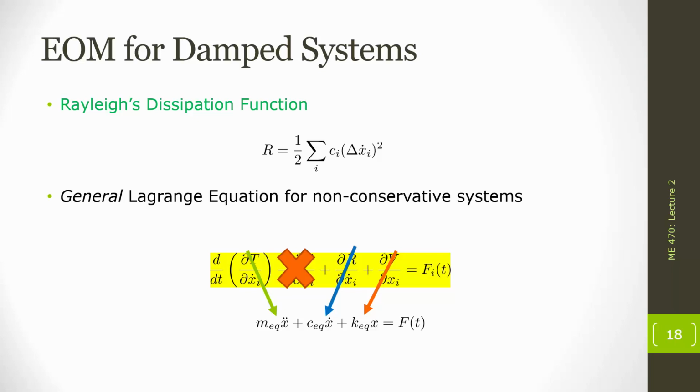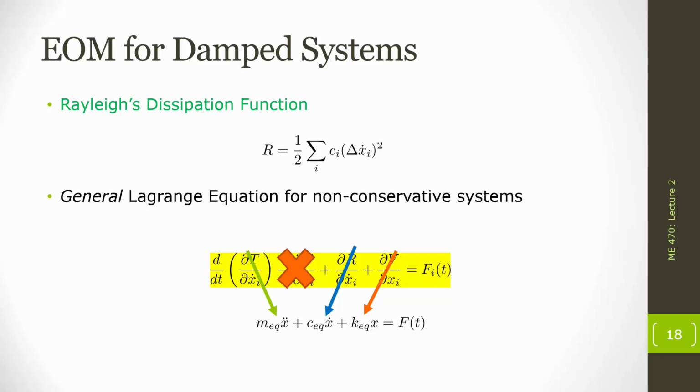We're now going to get an x dot term that is coming from the Rayleigh dissipation, and the coefficient in front of that is going to be our equivalent damping. And then from differentiating V, we'll get an x term with a coefficient in front that's going to be our equivalent spring constant. This m, this c, and this k are going to be the equivalent parameters that we're going to use in solving our system.